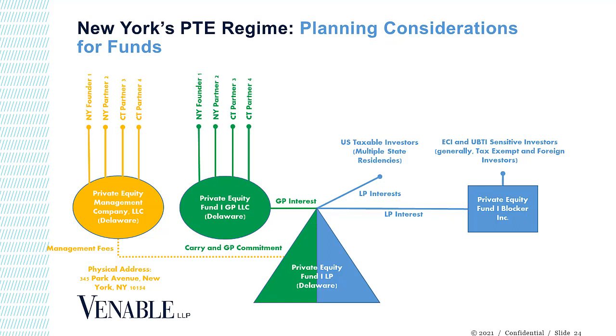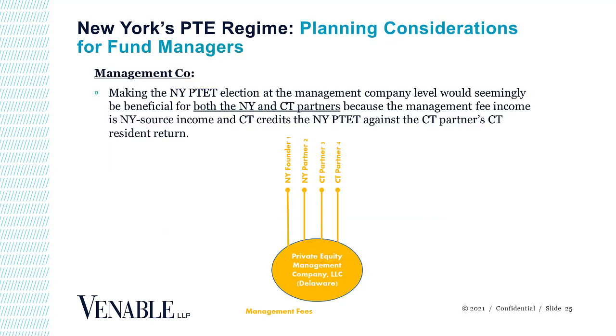And how do we think about this pass-through entity tax regime applying to this? What do we do with that? Well, let's just look at each one, because you have the option to make an election with respect to each of these three entities, not the blocker, that's a corporation. Okay, the first one is the management company.